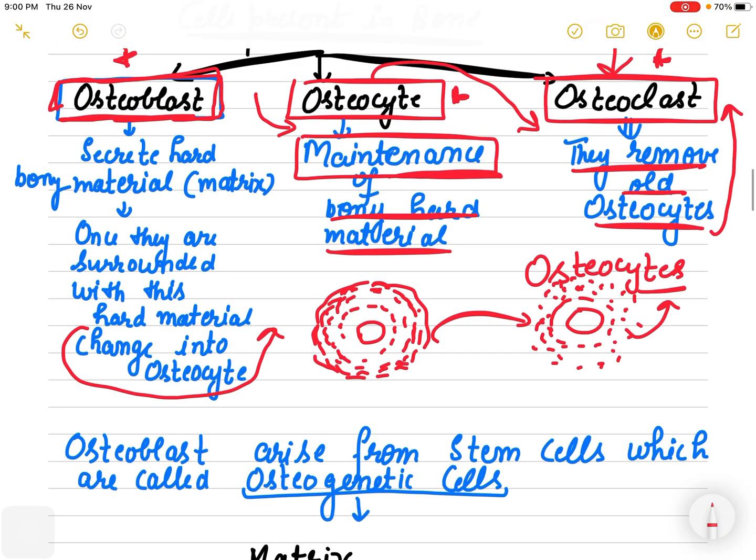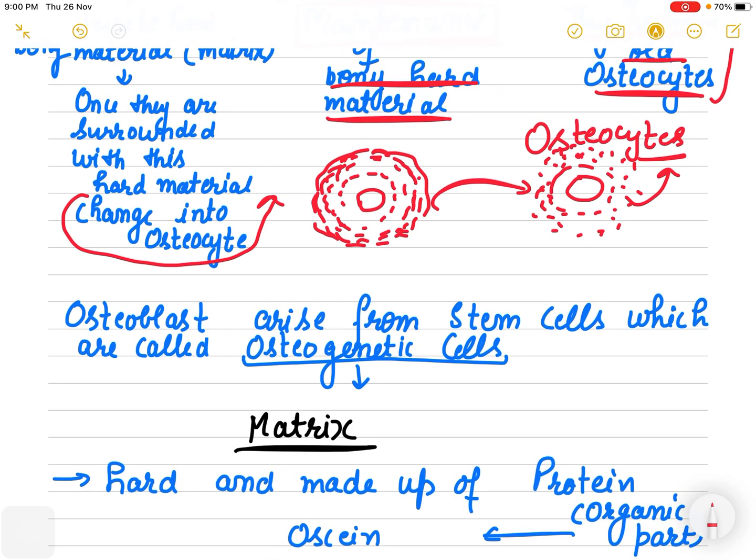But the question which comes to mind is, where do these osteoblasts come from? These osteoblasts arise from stem cells. Stem cells are those cells in our body which are specialized to form any kind of cell.